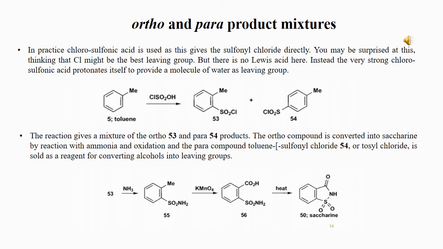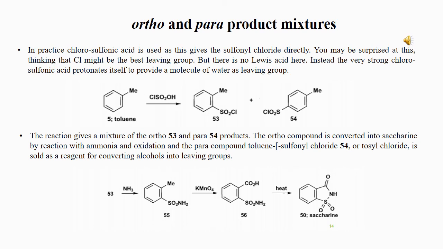So now if we are thinking that chlorine might be the best leaving group, but there is no Lewis acid here, so instead a very strong chlorosulfonic acid protonates itself to provide a molecule of water as a leaving group. So what can we do from the toluene?